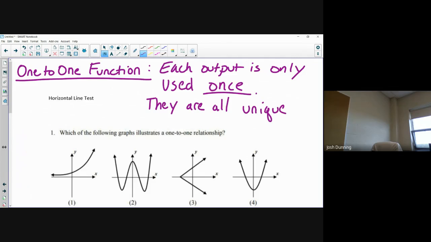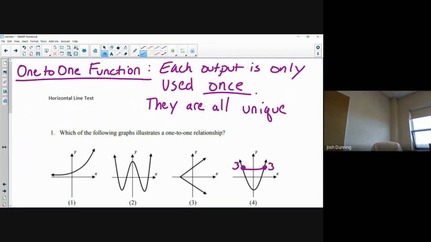Choice 4 is a graph. But as you can see, I can connect lots of points with horizontal lines. Now, what that means, let's pretend that this spot is 3 up. That means that one's also 3 up, which means you have a repeated output.